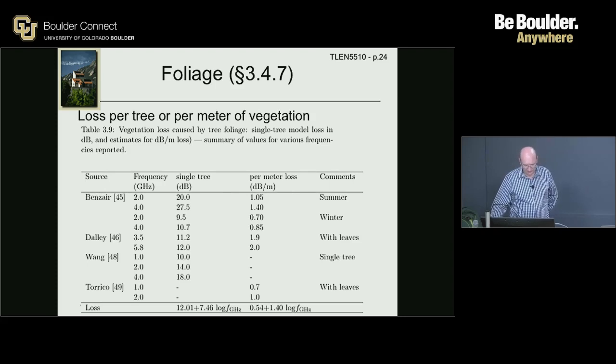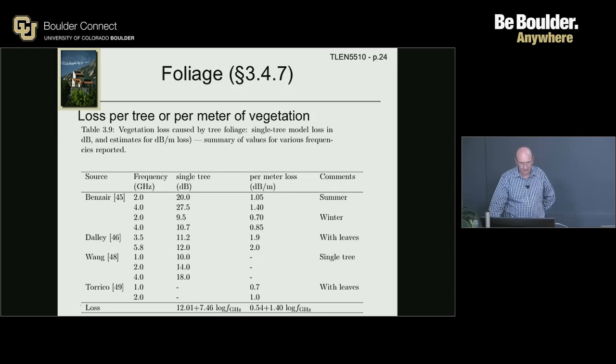And some losses are pretty high. I mean, those are pretty high frequencies. But a single tree can be, at modern microwave mobile frequencies, the 2-3 gigahertz, a significant loss of 10-12 dB. And the loss per meter along a path is usually smaller, but of course in the forest it adds up. Things change with leaves or without leaves in the winter.